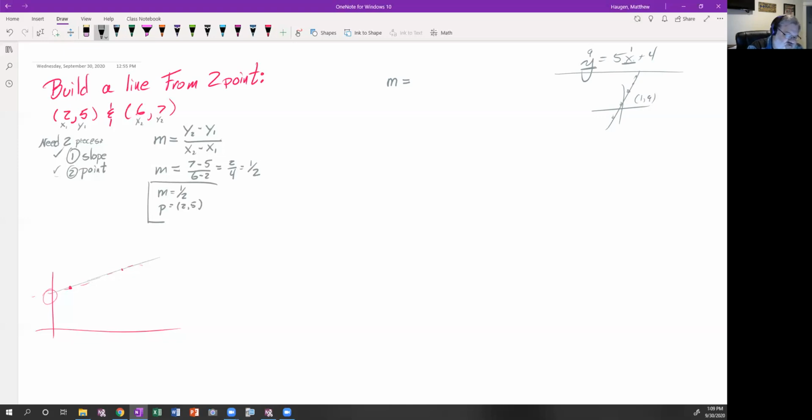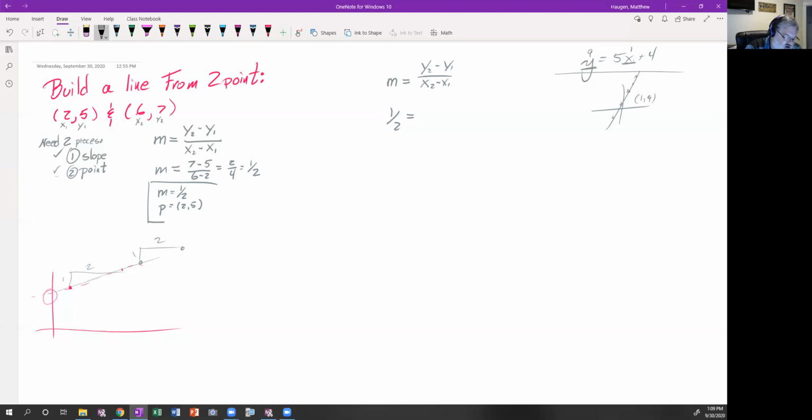So for this line, we just calculated the slope. We found that the slope is going to be 1/2, which means, because lines have a constant slope, that slope of up 1/2 is going to be true for any pair of points on this line, right? You grab any 2 points anywhere on this line and find their slope, that slope has to be up 1/2 in ratio. Fair? So we know a point.